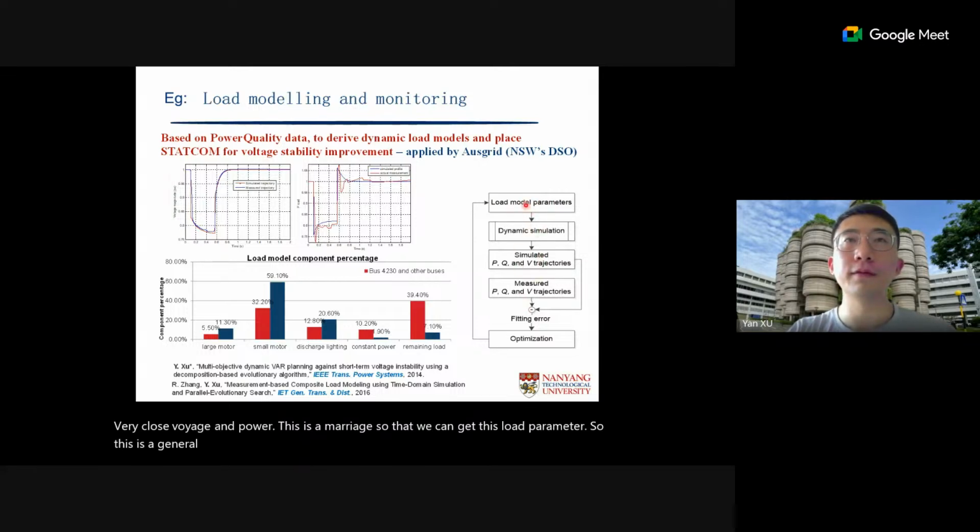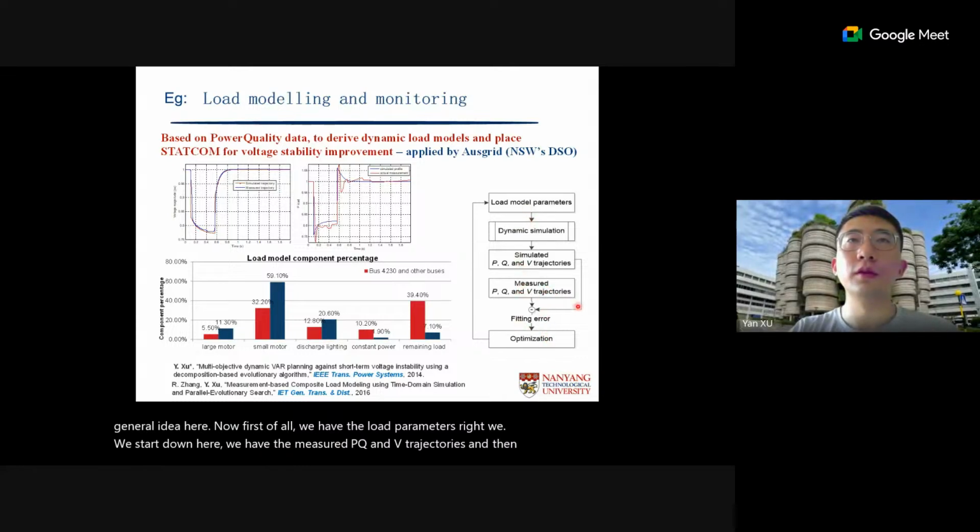Now, first of all, we have the load parameters, right? Actually we start from here. We have the measured PQ and V trajectories, and then we use original load parameters. Sorry, we start here. We set original load parameters. Then we do dynamic simulation.